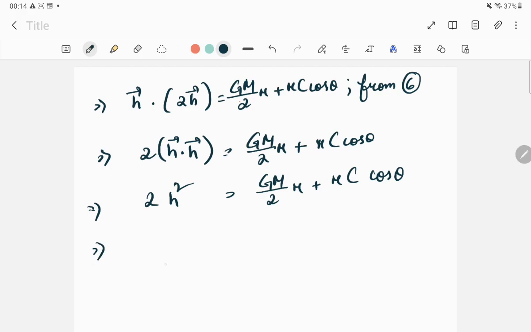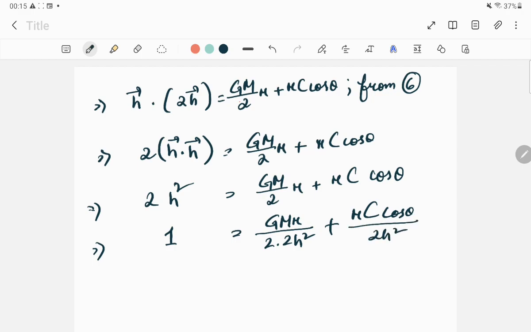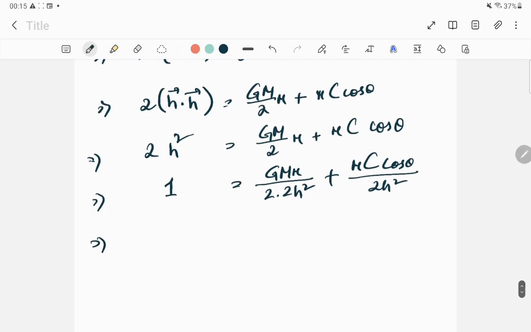Now I will divide both sides by 2h square. So it will be 1 equals GM small r by 2 into 2h square plus rc cos theta by 2h square. Then I will divide both sides by r.